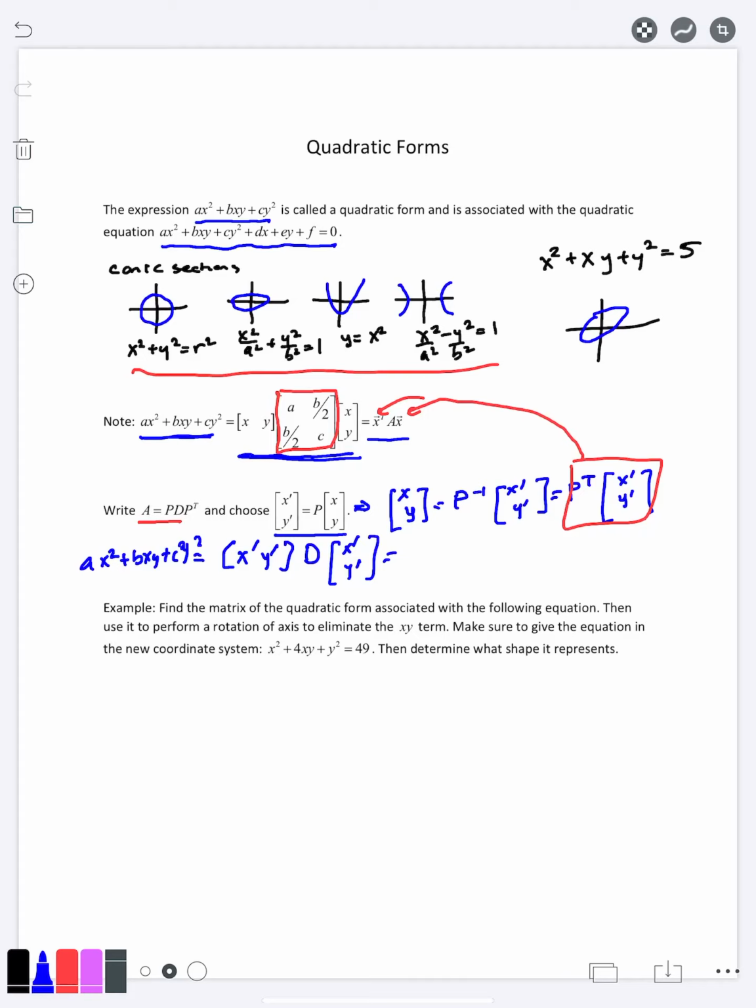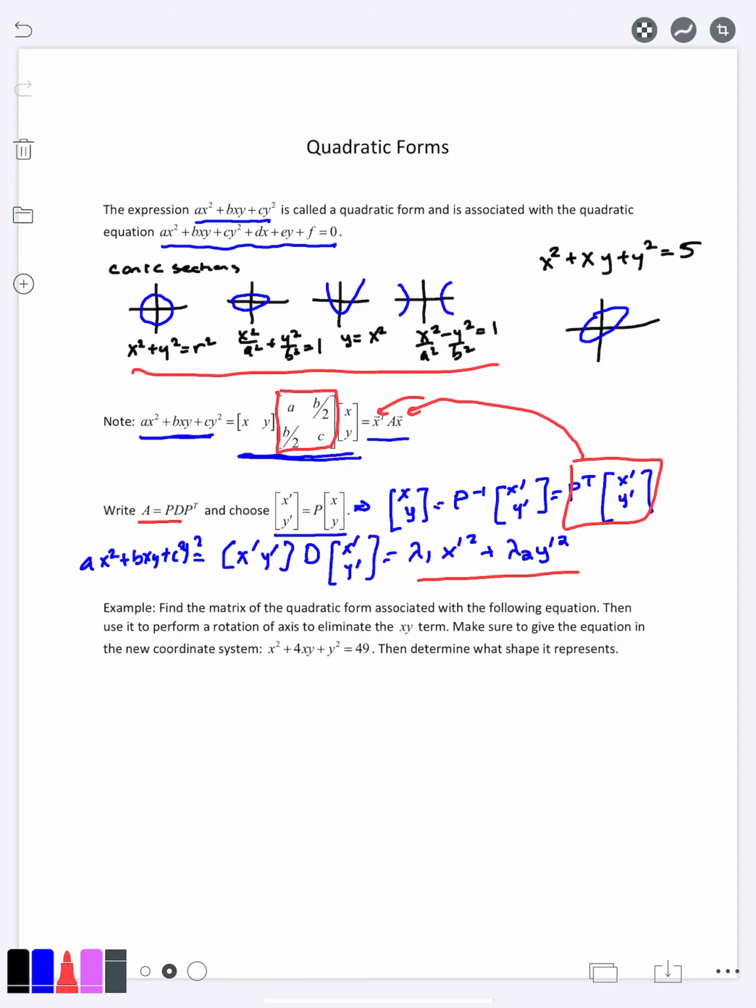And if your two eigenvalues are, say, lambda 1 and lambda 2, you'd have lambda 1 x prime squared plus lambda 2 y prime squared. And what that means is you're able to rewrite the equation here without the xy term in it, so it's no longer tilted, and you can then identify what shape it's going to be.